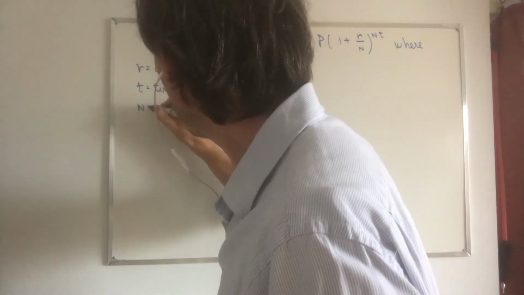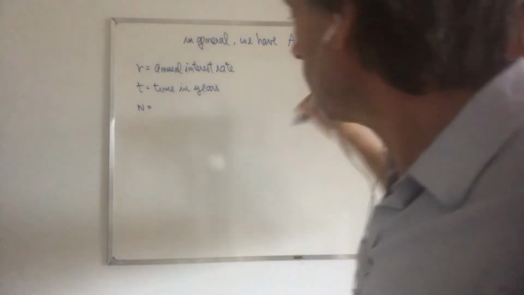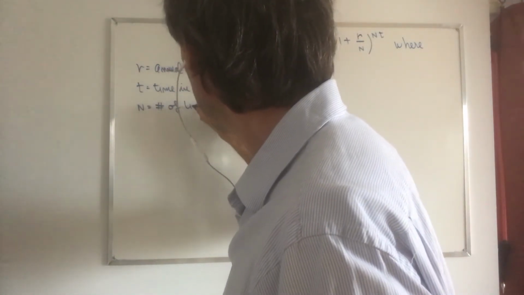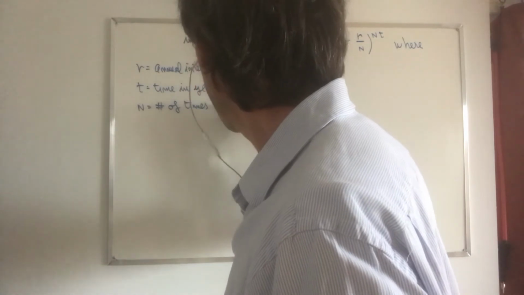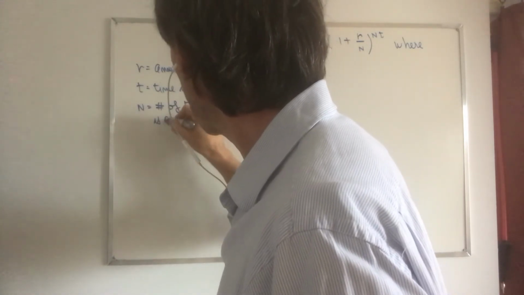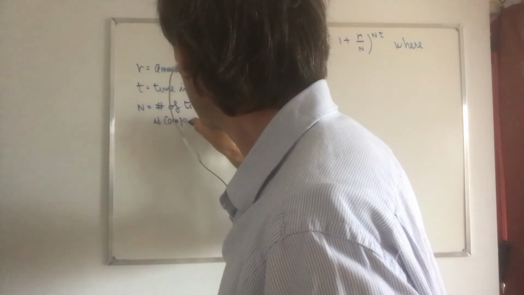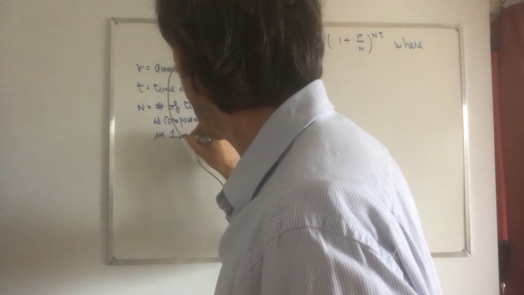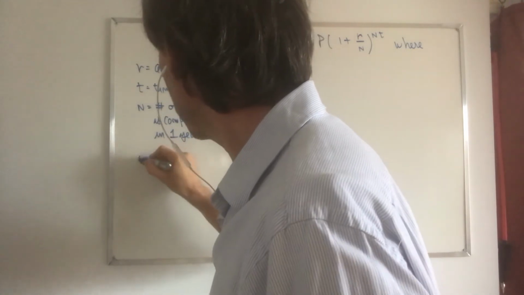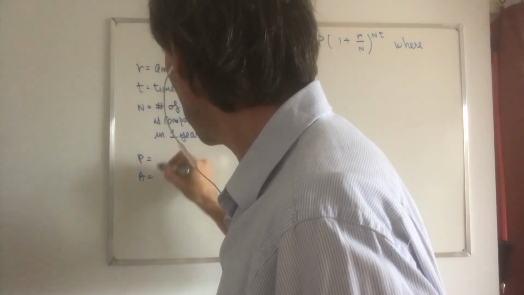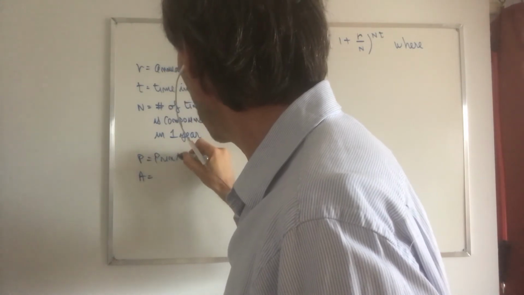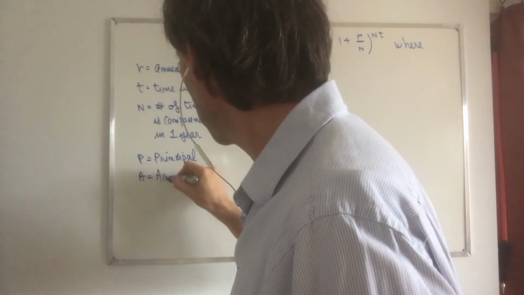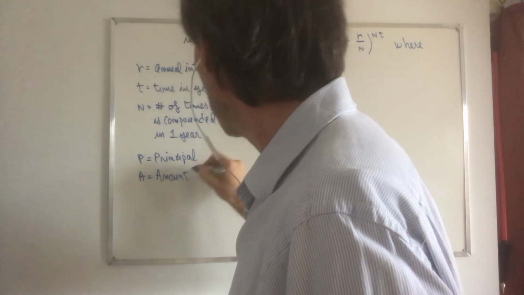And the new kid on the block is this N here, and that's going to be like the 12 that I had before. In general, it's going to be the number of times money is compounded in one year. As for the P and the A, they are exactly as they were in simple interest. So P for the principal and A for the amount.